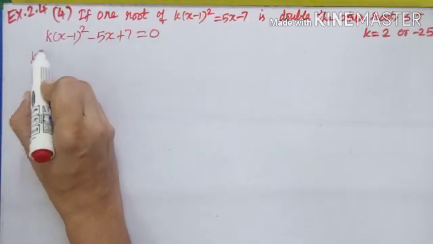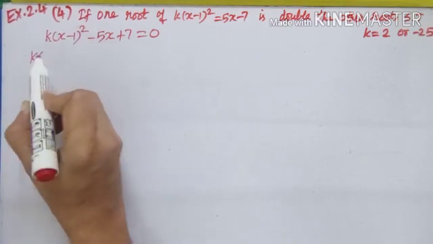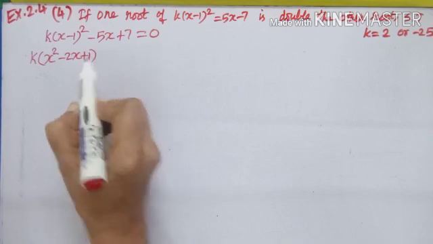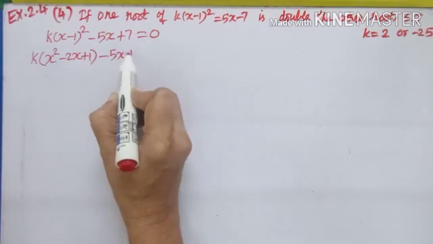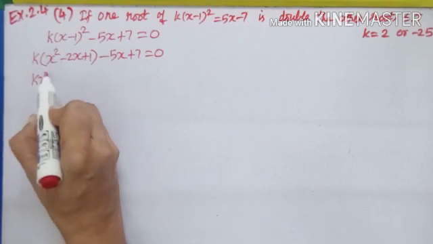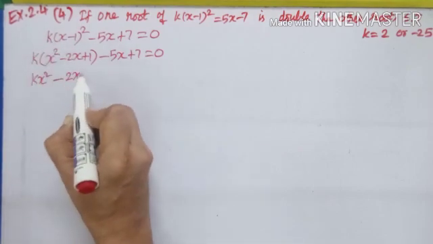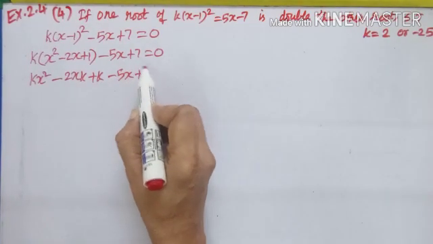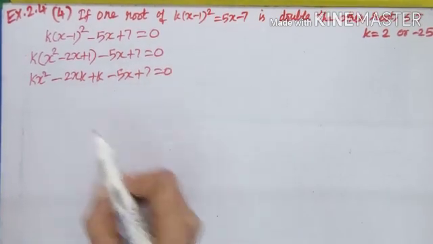Let us simplify this. A minus b the whole square. X square minus 2x plus 1 minus 5x plus 7 equals to 0. Multiply with k. Kx square minus 2xk plus k minus 5x plus 7 equals to 0.